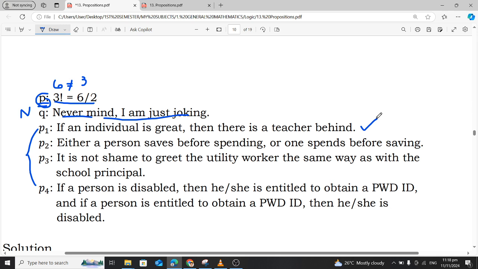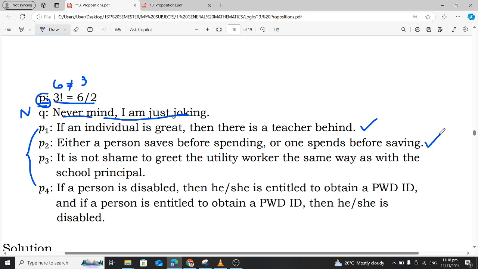Now, either a person saves before spending or one spends before saving. What is the truth value? True also. Okay? P sub 3.